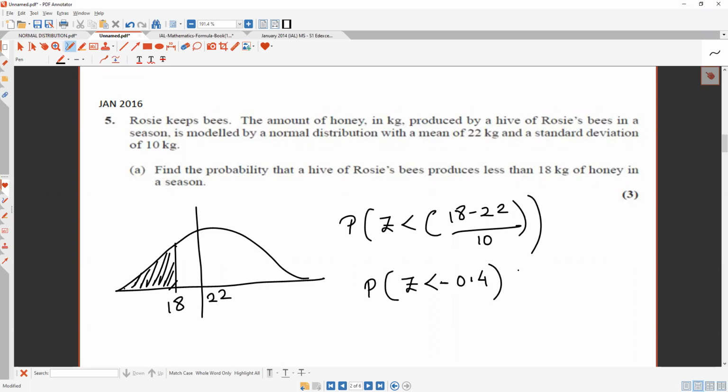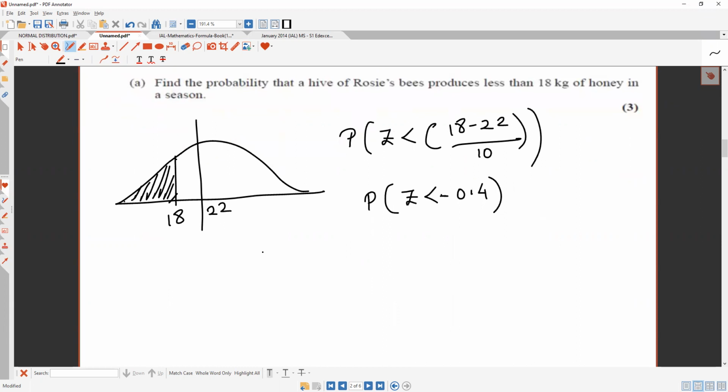Okay, minus 0.4. But the problem is 0.4 is over here on the left hand side. Remember, whenever we convert 18 to 0.4, your mean is 0. So this is 0.4, but I don't want this, I want this part, so I can bring it this side. I can make it positive 0.4.